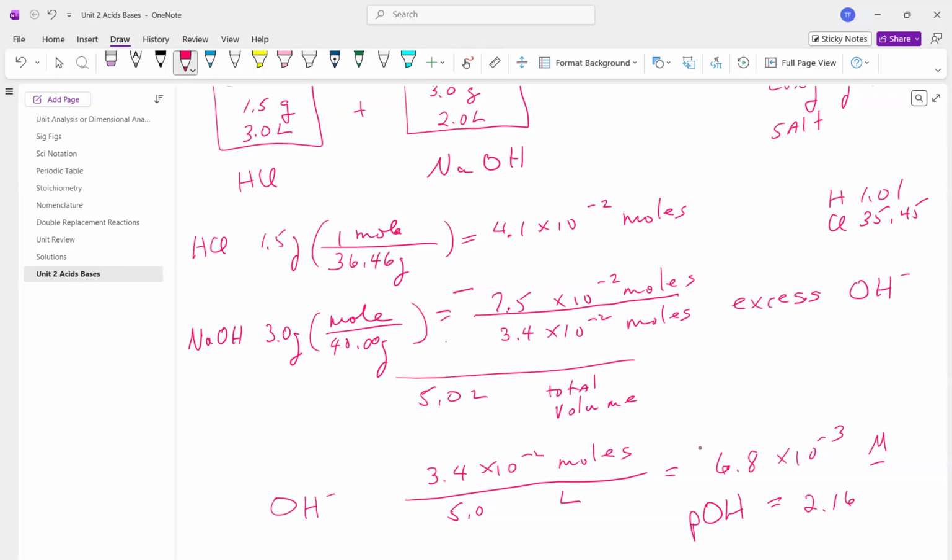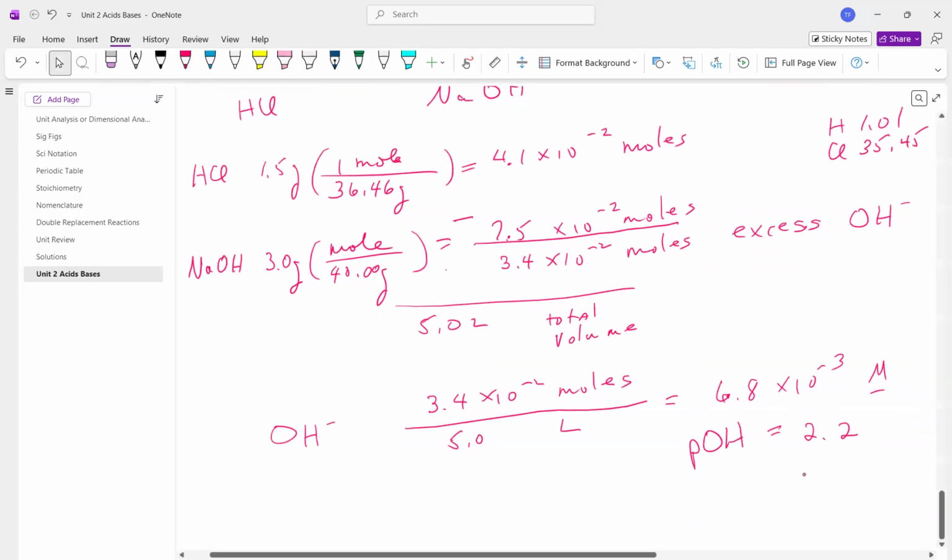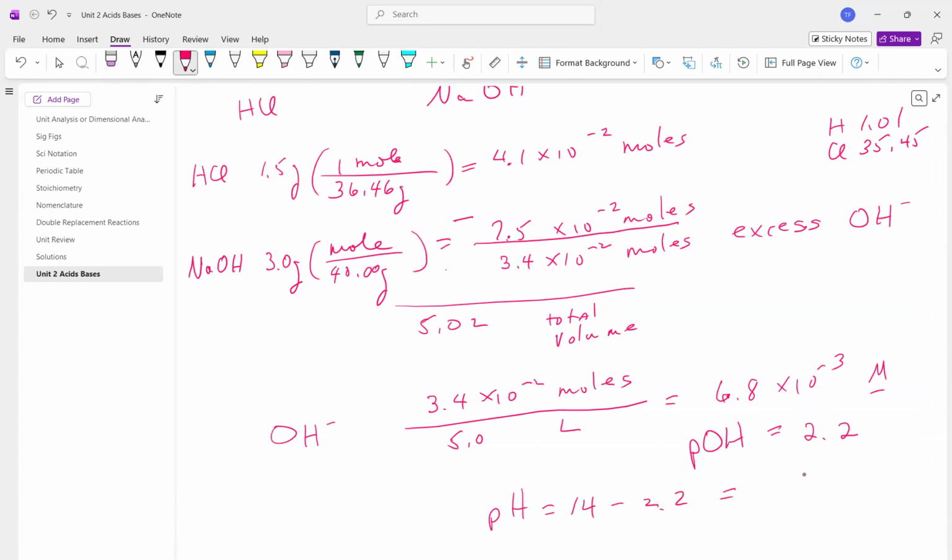Well, let's go with sig figs, it's going to be 2.2. Okay, that's not what I asked. I asked for pH. So the pH is going to be equal to 14 minus 2.2.